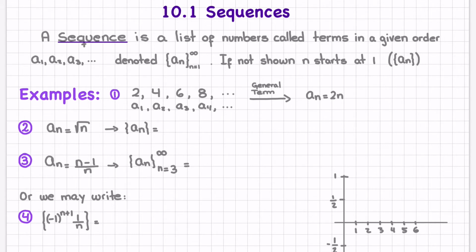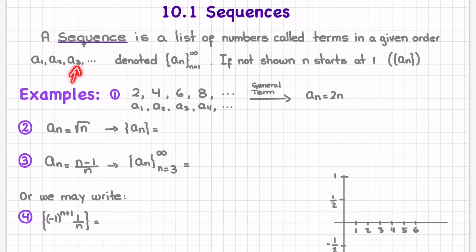A sequence is a bunch of numbers, each of which is called a term. And the importance is that we are going to order them. So it's not just a bunch of numbers, but an ordered bunch of numbers. The first one is named A1. Second one is A2.